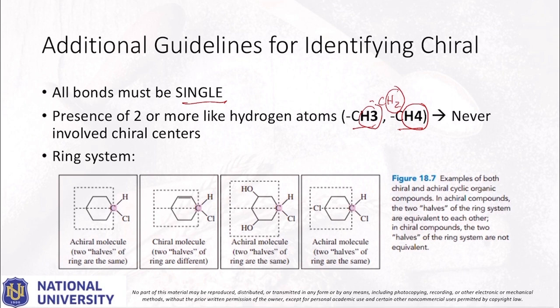And in some instances, you may encounter ring forms. What do you do when you have to identify if a ring is chiral or achiral?